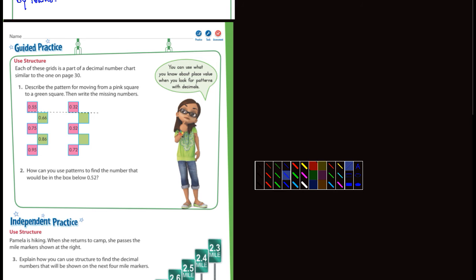I'm just going to extend this like that. They're just not showing you all the other squares. They're just showing you some of the squares. But really, that's what this is.